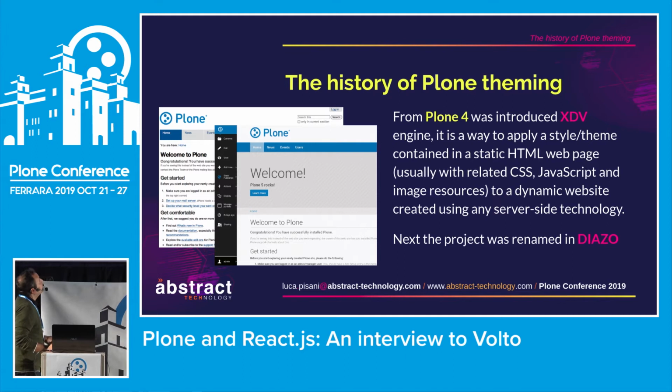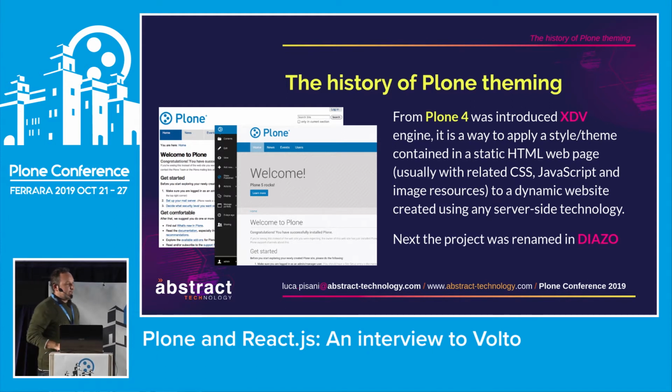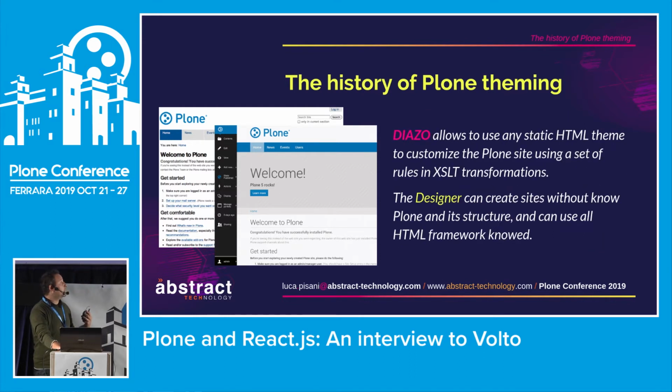Then, from Plone 4, a theming engine was introduced with XDV. This is a way to apply a static HTML page with dynamic information sourced by Plone. With Diazo, the renamed XDV, we can use a static HTML theme to customize Plone using rules in XSLT transformation.